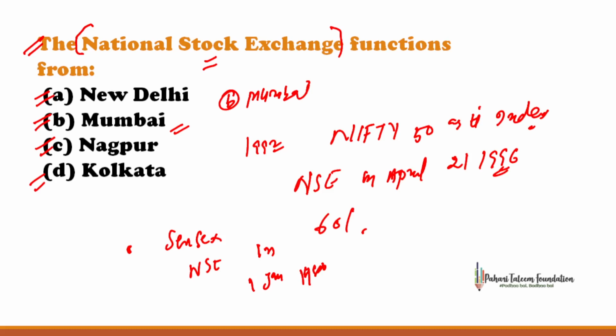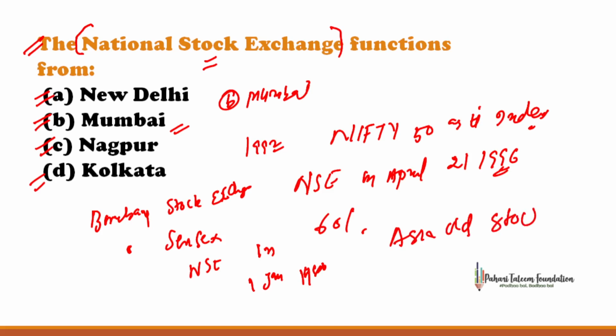So Bombay Stock Exchange is one of Asia's oldest stock exchanges. It was established in the year 1875, and it is the world's 7th largest stock exchange. Okay. So the National Stock Exchange functions from option B, that is Mumbai.